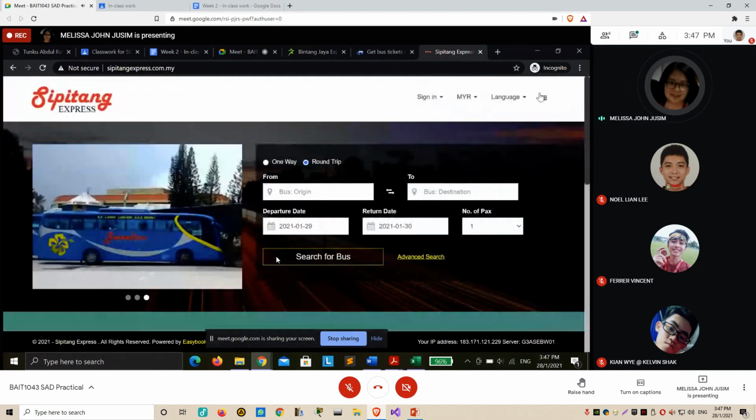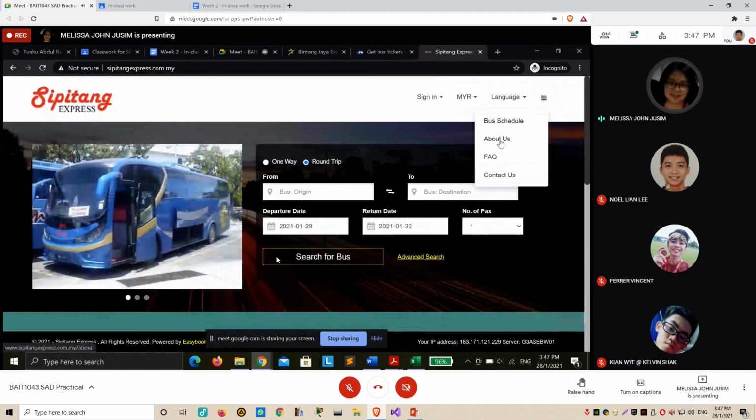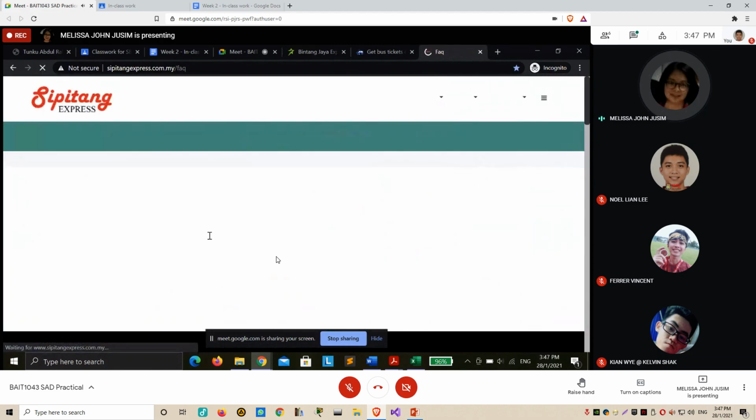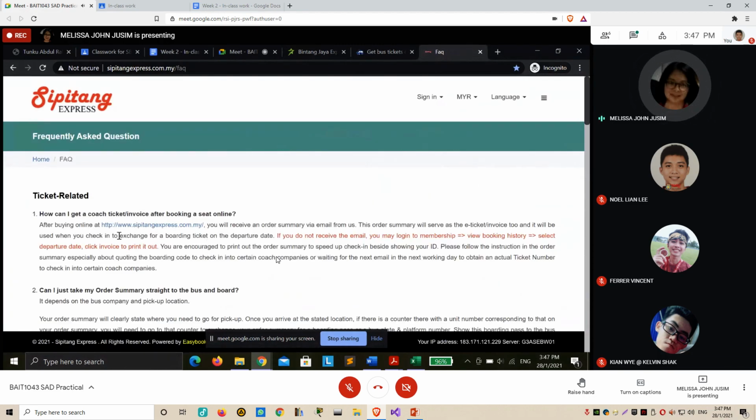What I like about Sipitang Express is that they have this FAQ, because you don't have any experience relating to a bus company. Perhaps you never took any bus, or maybe long ago when you were small you took a bus from KK to Tawau, for example, but at that time you weren't the one in charge of buying the ticket.